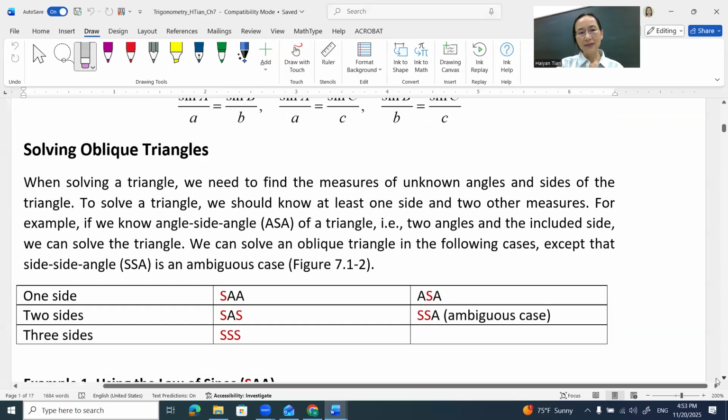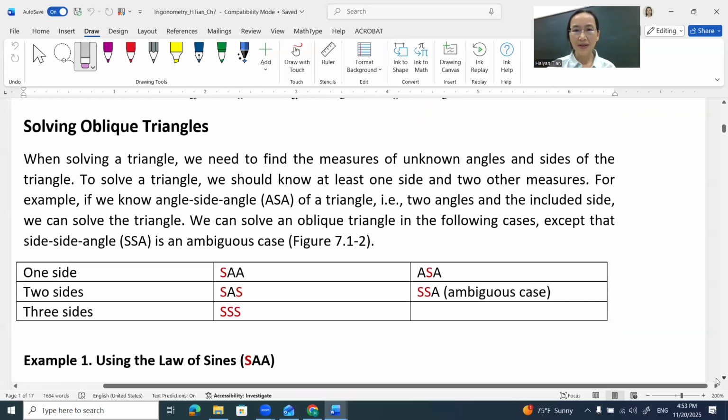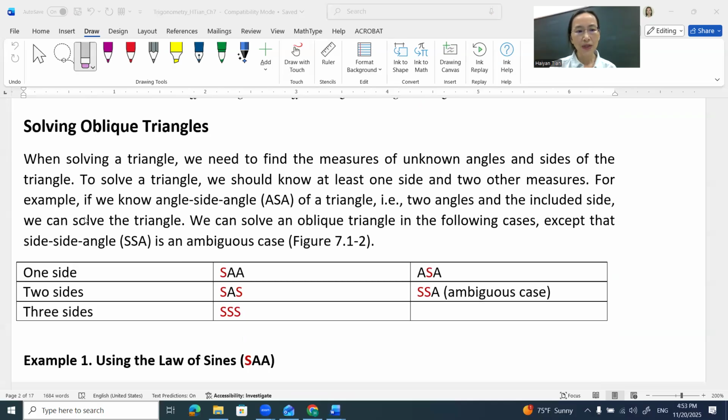Let's solve some oblique triangles. When we solve oblique triangles, we can see there are different cases. Sometimes we know one side and two angles.